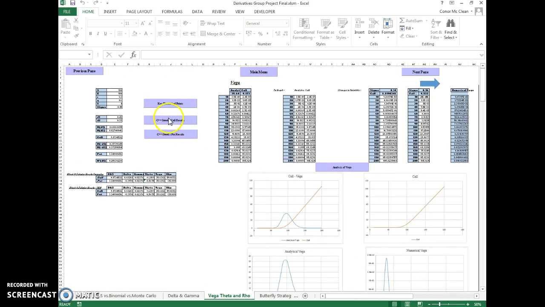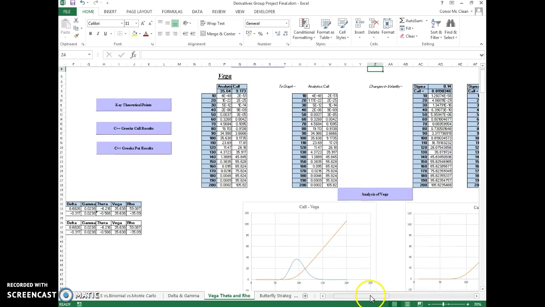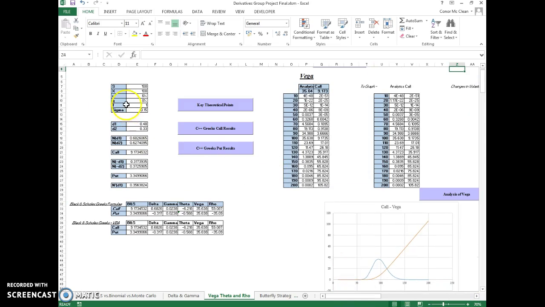Just over here we have a couple of screenshots from C++. If I zoom in a little bit, you can see that the call option was calculated through the Black-Scholes formula at €9.17 and through the VBA function.